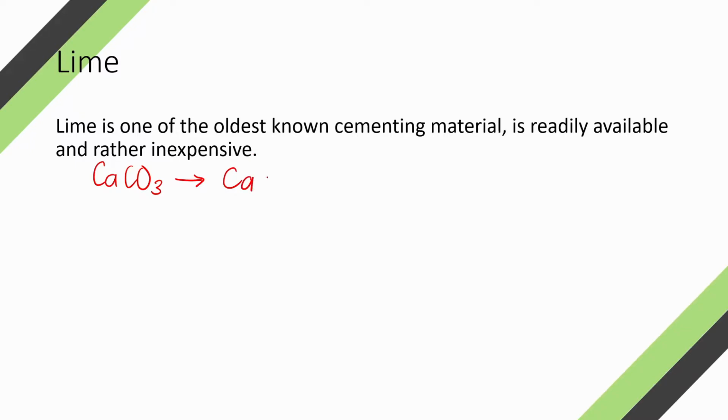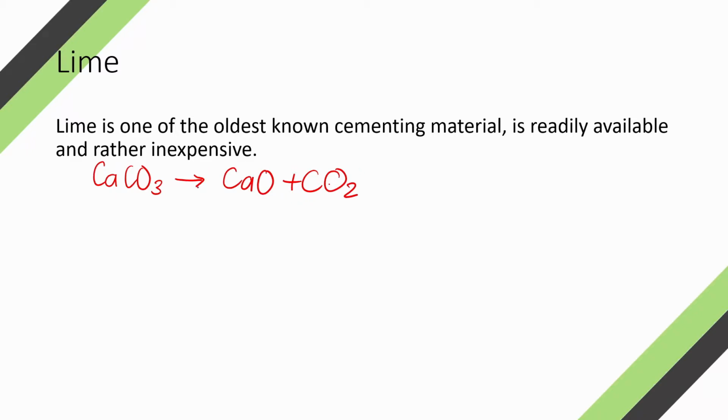So, yung ating calcium carbonate or lime, it turns into calcium oxide and carbon dioxide, CO2.